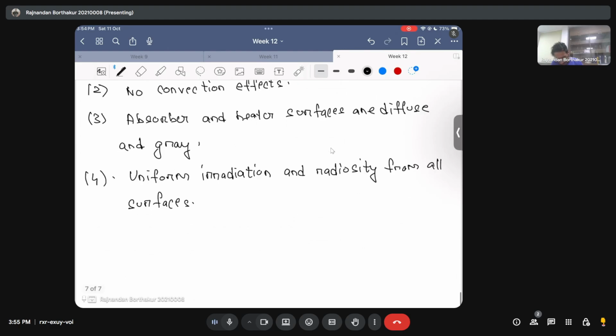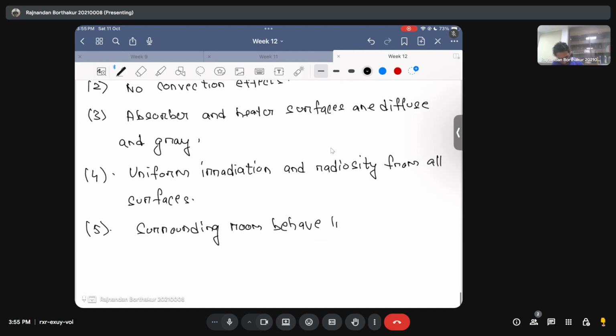And last but not least, the most important assumption is that we are considering the surrounding room to behave like a black body.